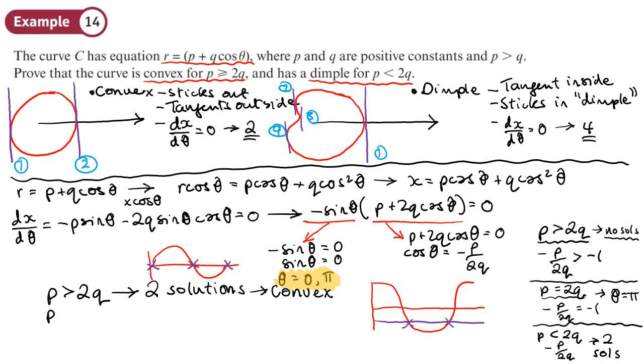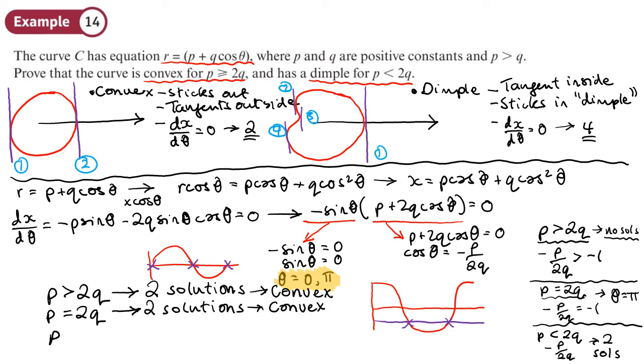If p is equal to 2q, now I do get a solution, but I get a solution of pi, which is basically one of the solutions I've got already from sine. So there's still only two solutions. And if there's still only two solutions, the graph is still convex. We've only got two of these tangents.